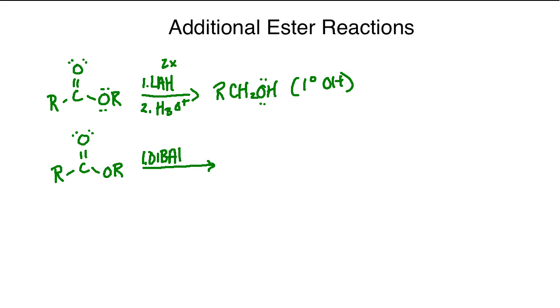DIBAL is an aluminum hydride, similar to lithium aluminum hydride. However, it limits the amount of hydrides available because it places diisobutyl groups in place of some of those hydrides. Now, what does this do? First of all, it's a larger reducing agent, sterically speaking. And second, it's limiting the number of hydrides that are available.